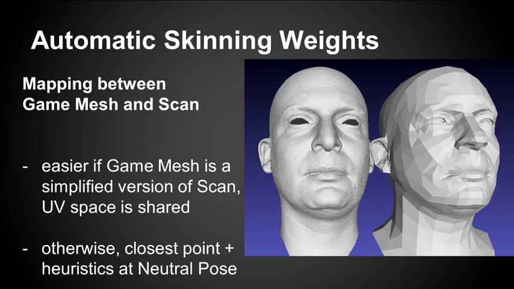But if you don't, then you need to make a match between the game mesh and the scan, because as an input for the solver we need an animated game mesh. You can do the match, for example, with the closest point, with a couple of additional heuristics, like using the normal to make sure that you match the correct point, and also diffusing on the surface.